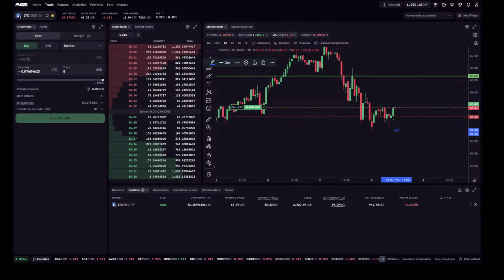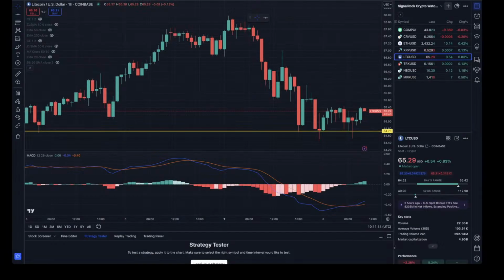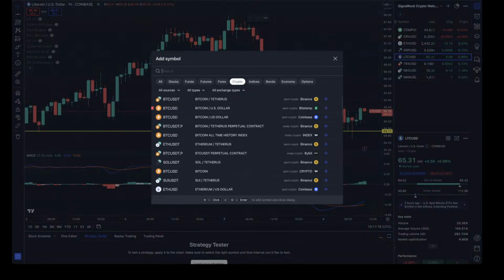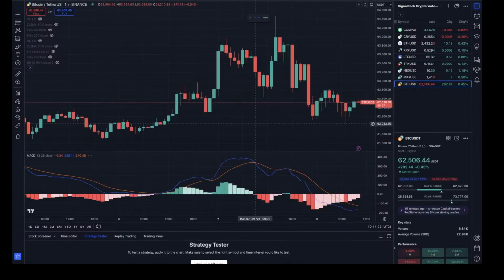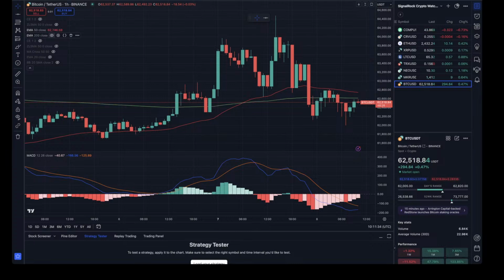Now, something that I'm looking at the moment with Bitcoin. So let's just head back over to there. So Bitcoin. So let's put a 50 moving average and a 200 moving average on there, okay?